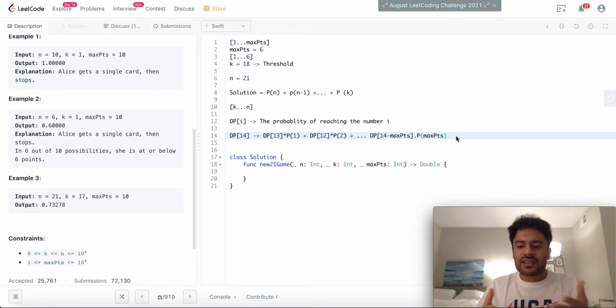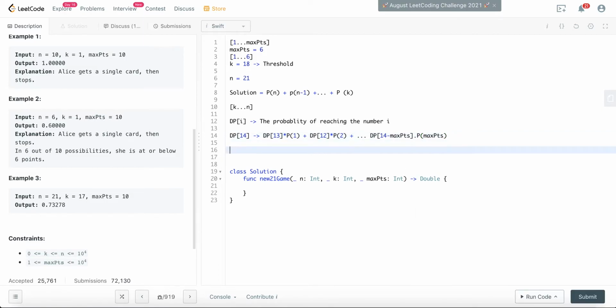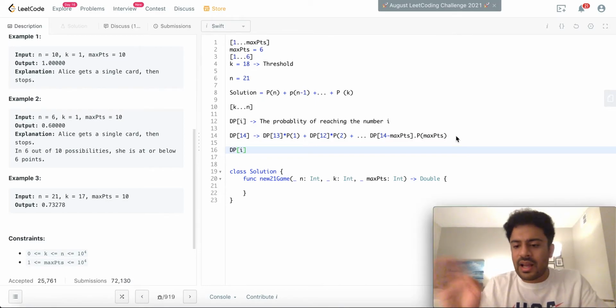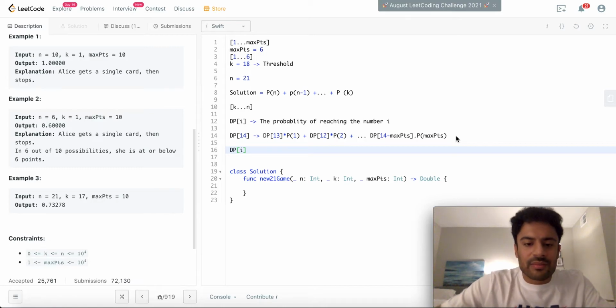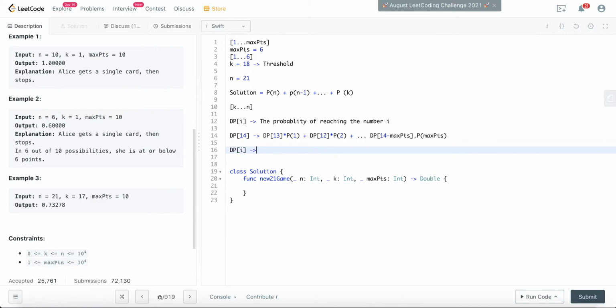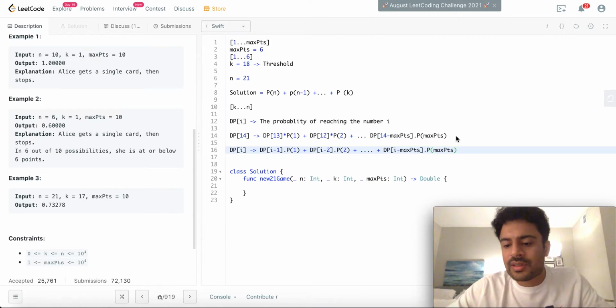Now let's define this in terms of our variables. So dp of i, where i can be any number, would be dp of i minus 1 times the probability of drawing a 1, plus dp of i minus 2 times the probability of drawing a 2, until dp of i minus max points times the probability of drawing max points.